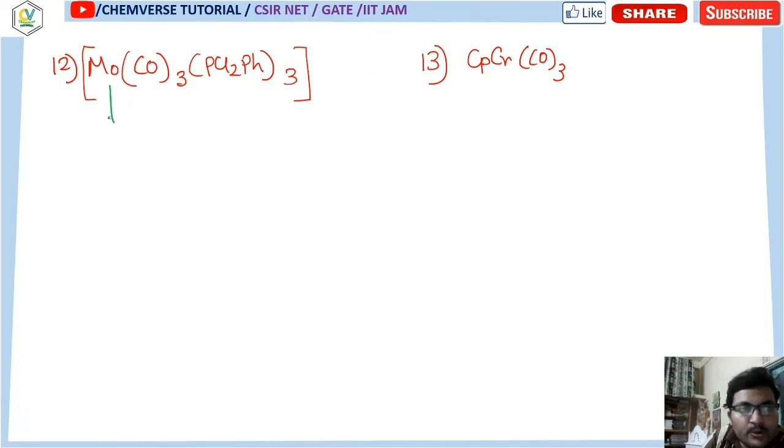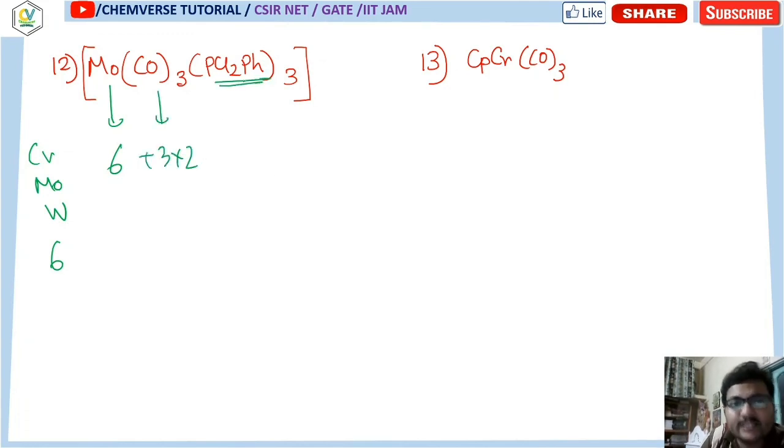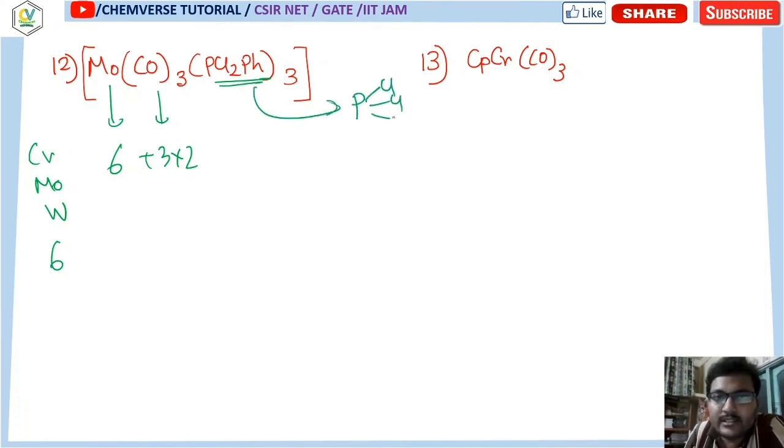Now look at this. This is molybdenum. Molybdenum is in the chromium group. Chromium means 6 electrons. So valence electrons 6. 3 carbonyl, so 3 into 2. And PCl2Ph. If you take a look at this, it is nothing but PClClPh, so it is like PR3.